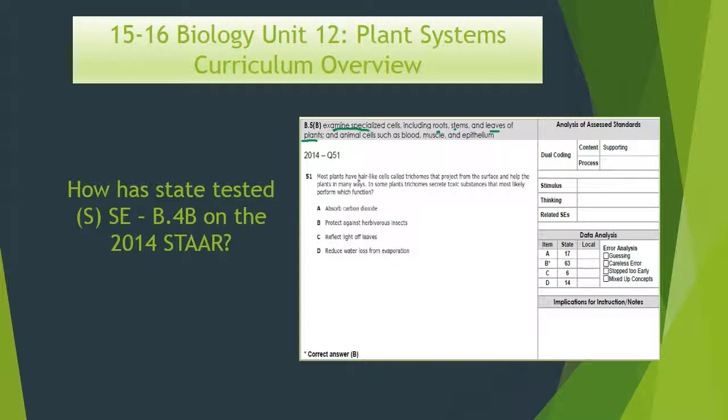And so the hair-like cells, which are specialized cells called trichomes, at the end of the question is that they secrete a toxic substance, and if a plant is secreting a toxic substance, its purpose is to protect itself. And so the answer that best reflects that would be B, protecting against herbivorous insects.